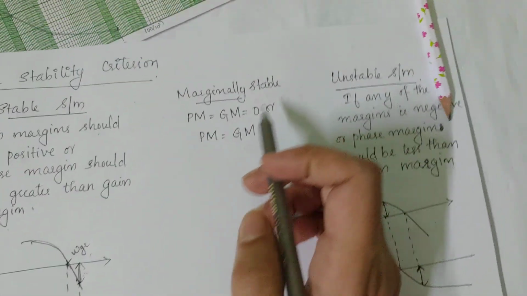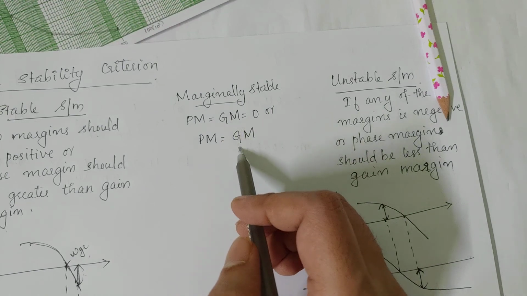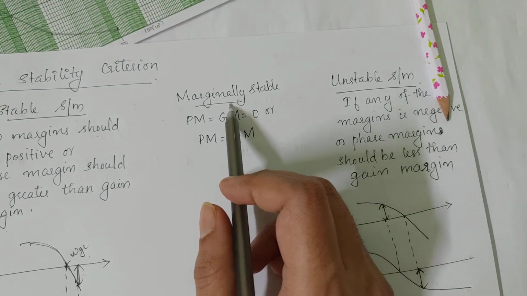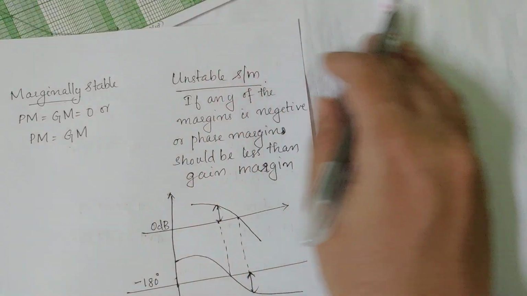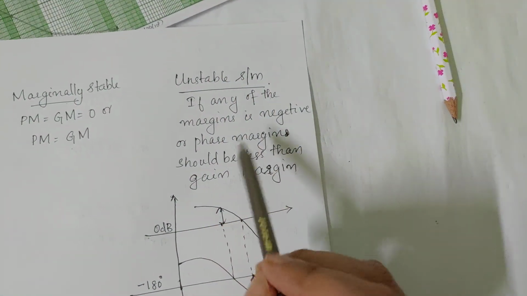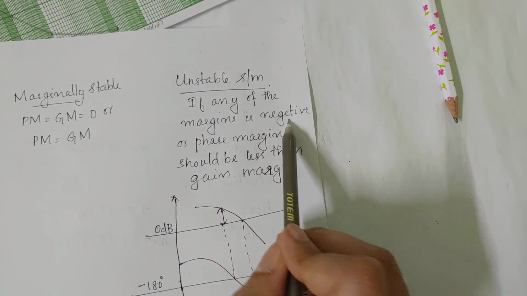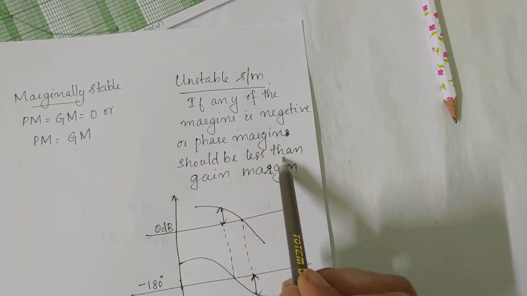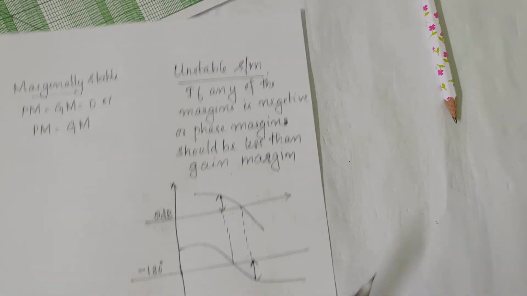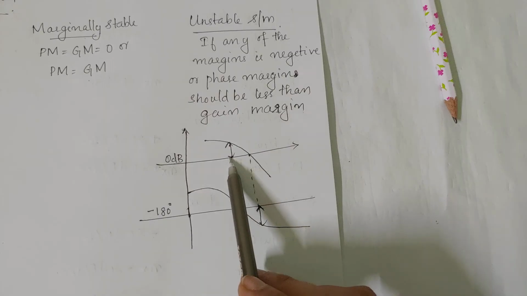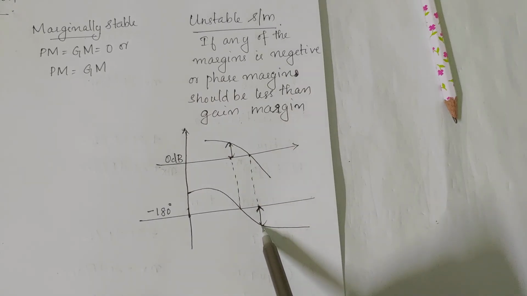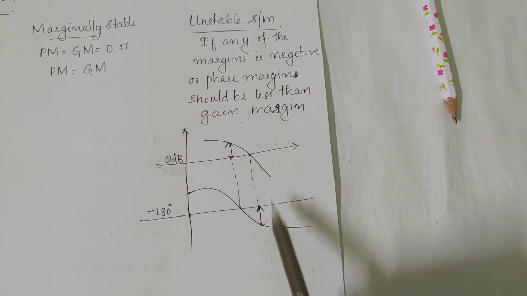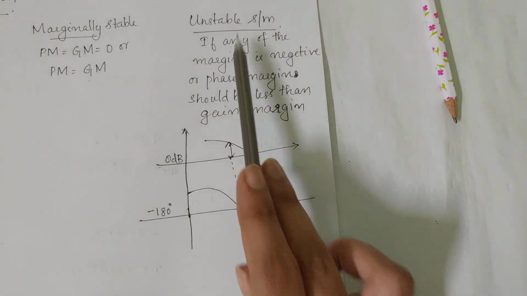If both are positive, then the system is stable. If both are 0 or both are equal, then the system is marginally stable, and if any of them is negative, or the phase margin is less than the gain margin, then such a system is unstable.